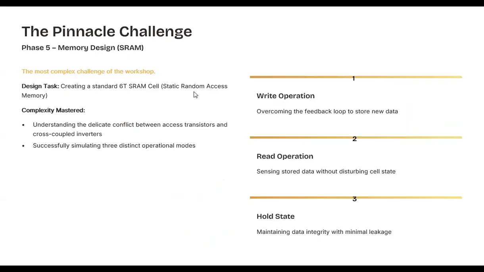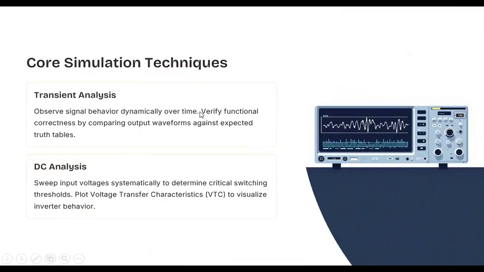Then after SRAM, yes, in SRAM we did two sorts of analysis in Cadence. One was a transient analysis, and one was a DC analysis. In transient analysis, the x-axis was time, and in the DC analysis, the x-axis was voltage. In DC analysis, we saw it is very important to create the butterfly curve. This analysis is important to check whether my circuit is working correctly or not.